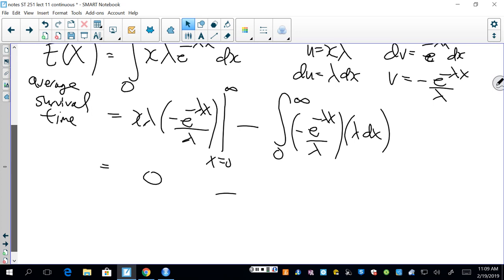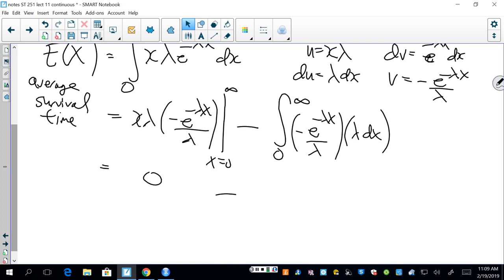And that one is bigger, so there's something called L'Hopital's rule for finding that limit. But it's actually 0. Again, for most of the applications, you won't have to do a lot of this, but that's how it goes. And so then the lambdas cancel, the minuses cancel, so it becomes a plus. And so it's the integral from 0 to infinity of e to the negative lambda x dx.